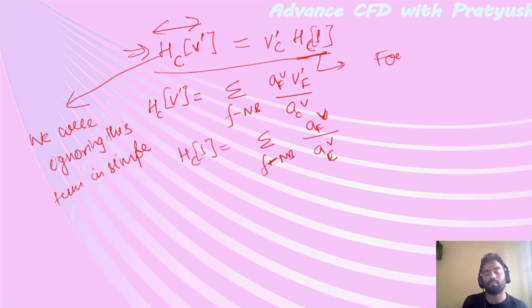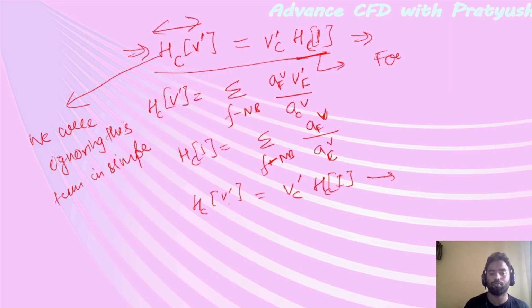But here we are going to consider this term by this approximation, that is, SCV dash equal to V dash C into SC1. So this approximation we are going to use in the simplex term.